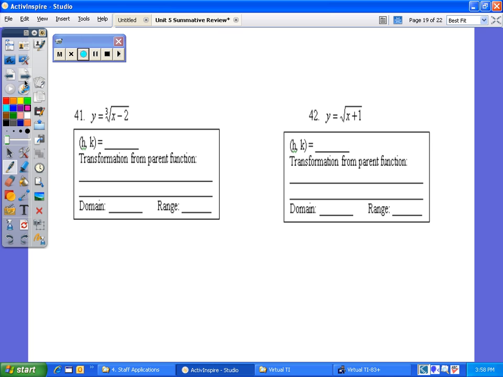Okay, the next one is also a cube root, so before we even get started, I'm going to put those domain and range because I told you that. And that tells you it's a cube root. So then, because only something's going on the inside, that means that it's opposite of that. Second number stays the same. So my vertex is 2, 0. Always do the opposite of what's next to x, so I'm not moving left, I'm actually shifting to the right.